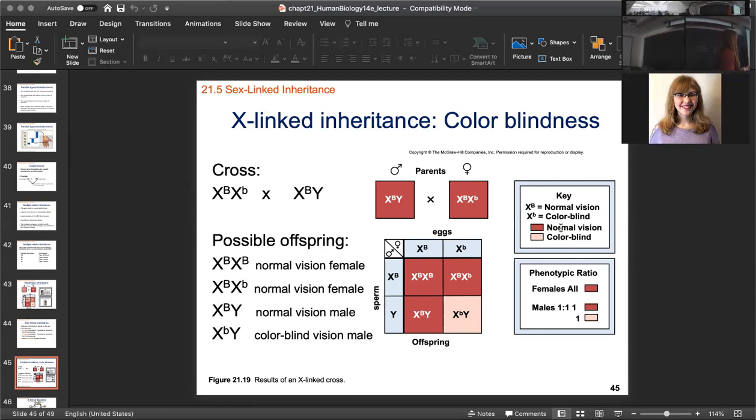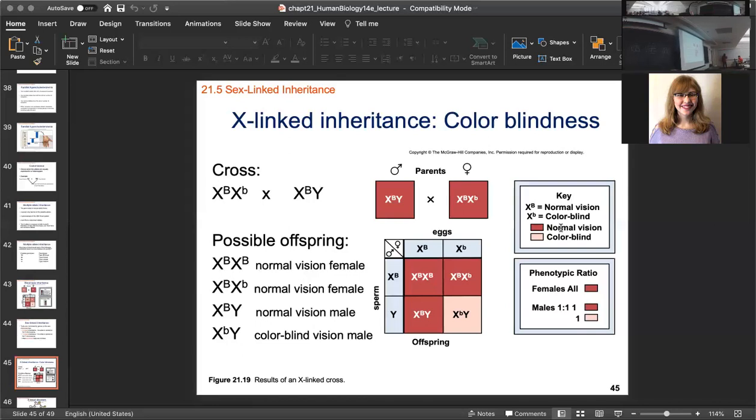If you have color blindness, it's going to be indicated by the light or white colored square, being that you have to have it, it's a recessive trait. So now we know that color blindness is X-linked recessive. If you have a sex-linked recessive trait, you look like this.